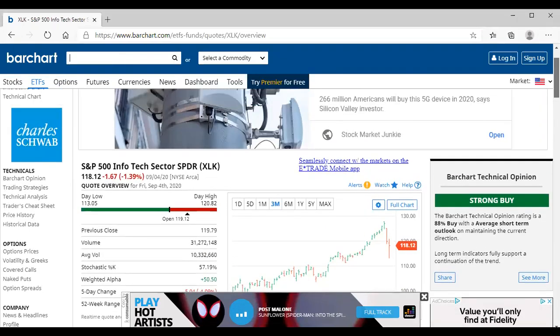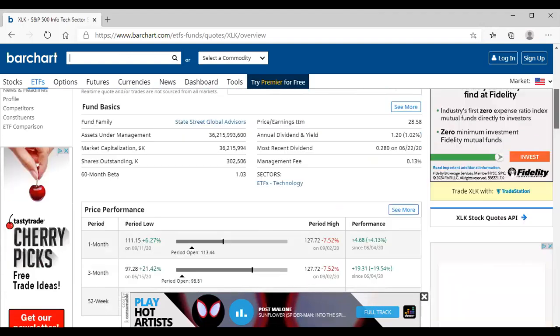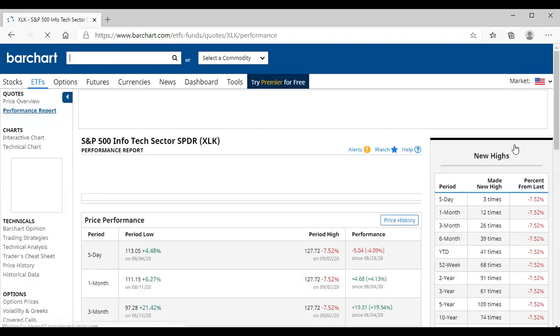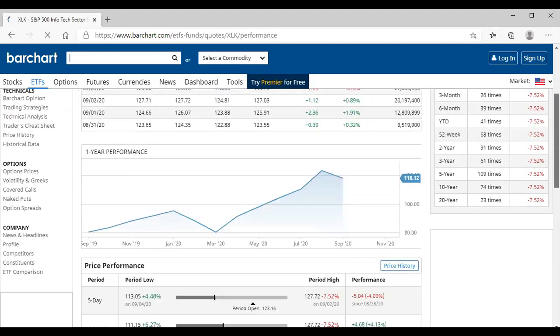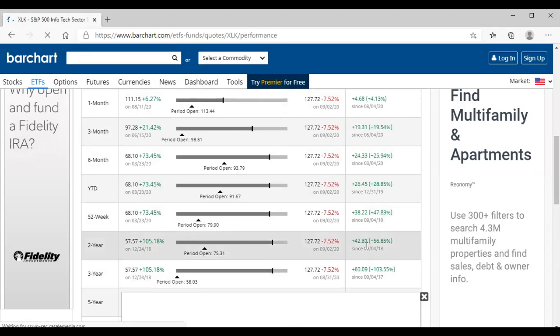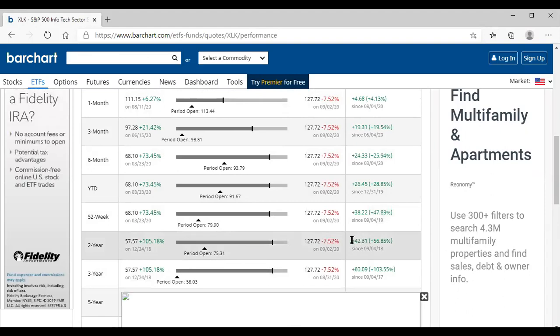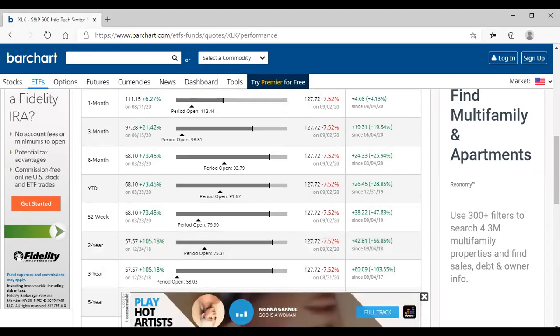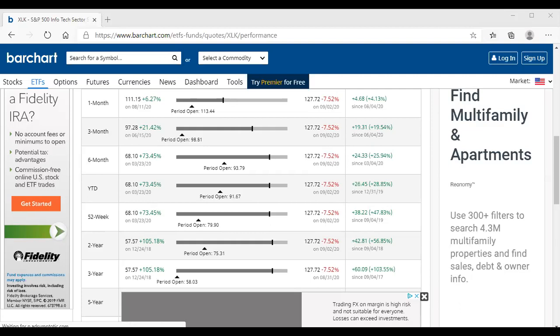All right, so stock price 118. So you would look at the price performance, look at the 2-year, $42 change. And then from that, since you're staying a year and a half, well, let's look at it this way. Because technically, it's not going to be a 2-year contract, right?